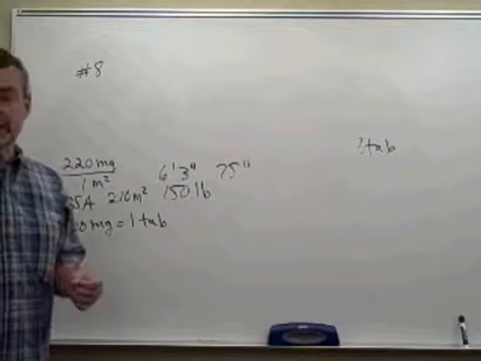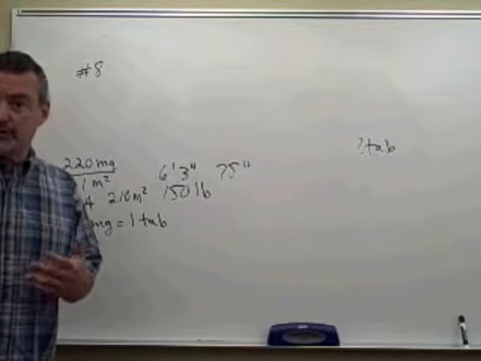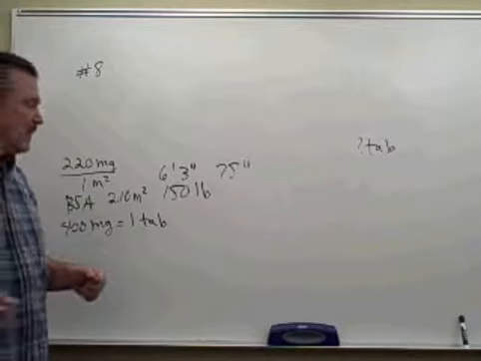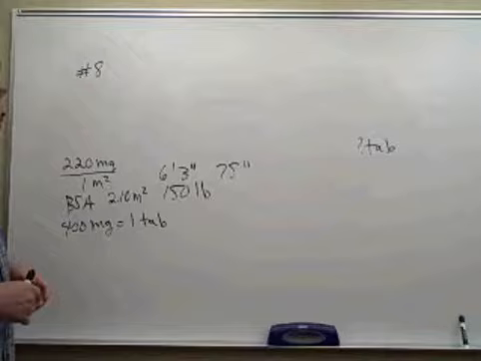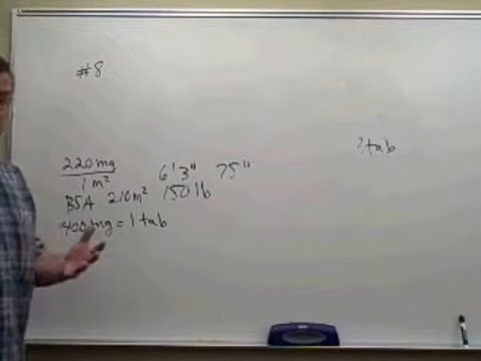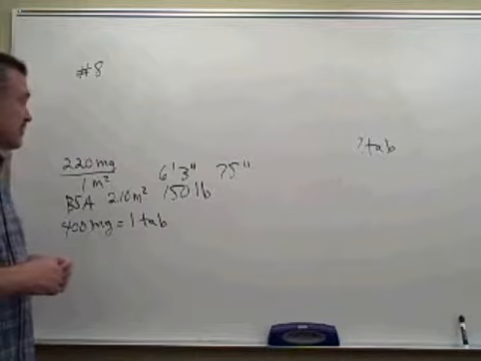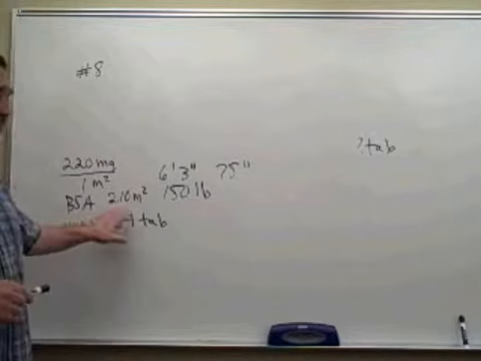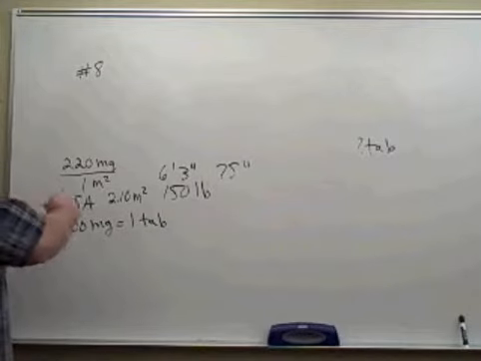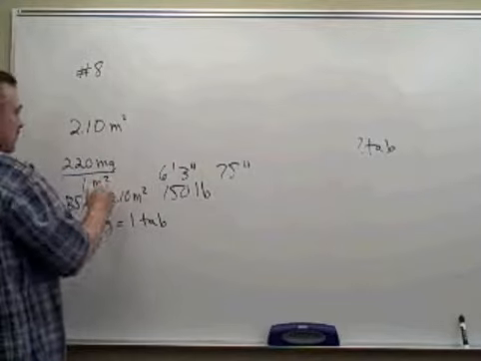I say approximately because you're going to read something different possibly than I would or than another individual would. But as long as we're reasonably accurate, that should be sufficient for the problem. Of course we want to be as accurate as possible, but reading a scale like that, there's going to be some leeway, some difference. So we have a patient that has a body surface area of 2.1 square meters.